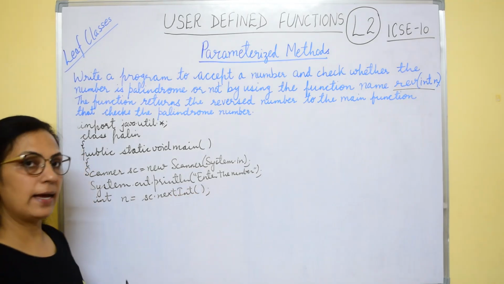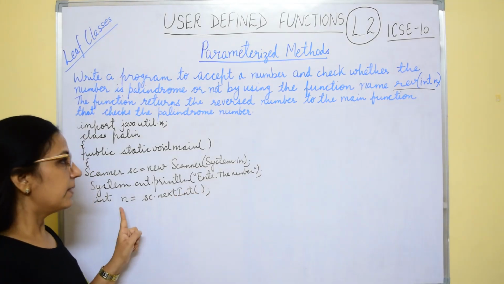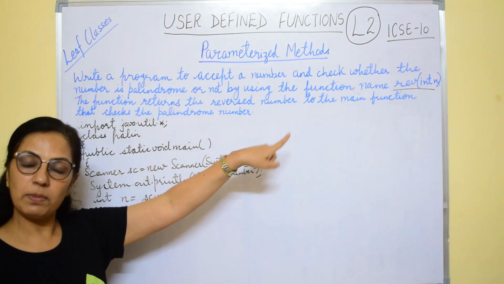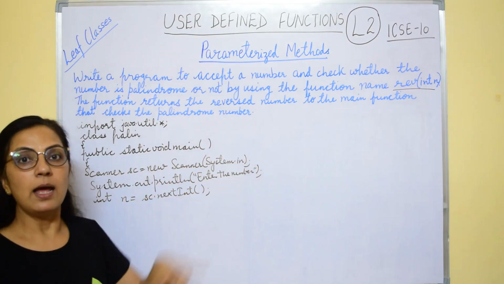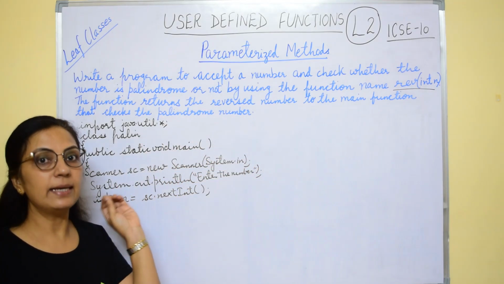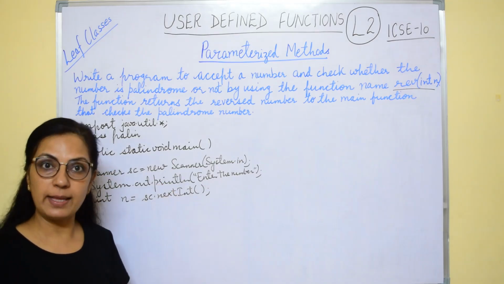Now we have done this much. This n will go as argument to the rev function. Now how will we send that value? We have to call that function.